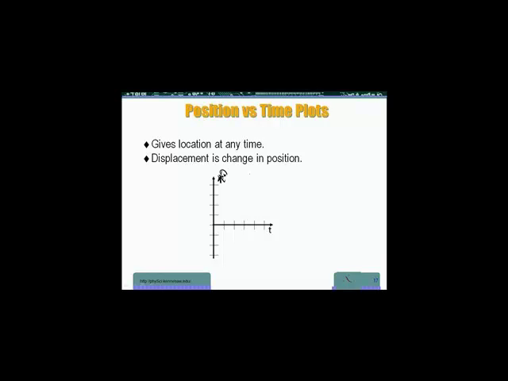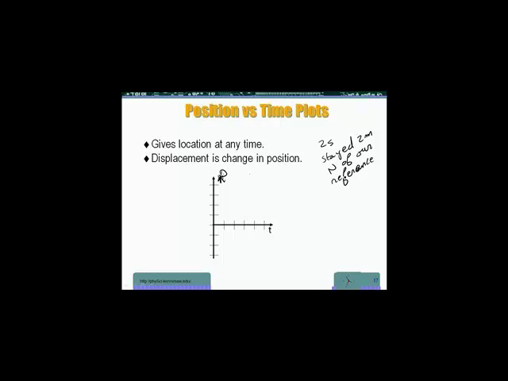Let's assume we have a person who for 2 seconds stayed two meters north of our reference, whatever is our reference. So for 2 seconds, the person stayed 2 meters north of our reference.